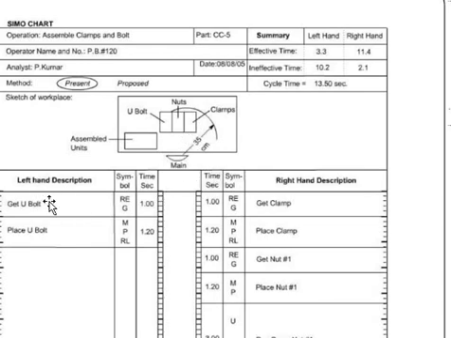So here you will see the column of the left hand description, and next to it is the column of the symbol of the therblig. What is the symbol of reach? The symbol of reach is R, G is grip. The M is for move, okay, place a bolt, you will move, and P is for positioning or position.